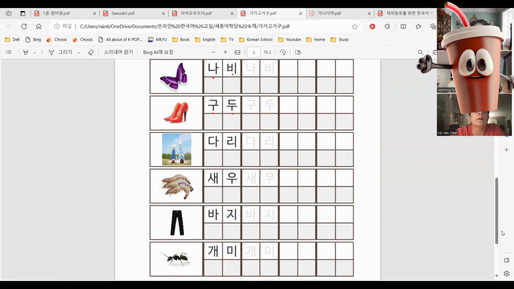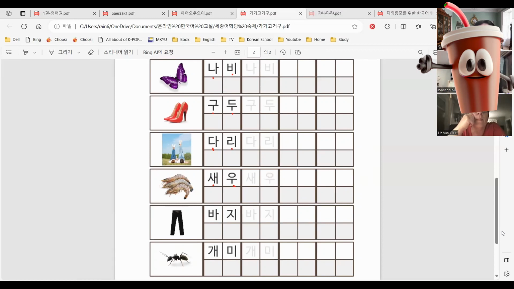Shoes. And 다리. So I said before that it means leg. And just try that. 새우. 새우 is shrimp.